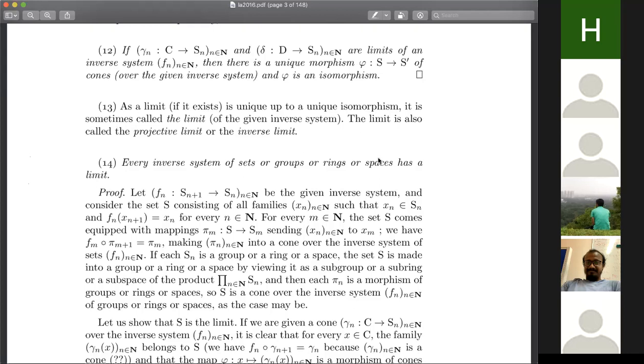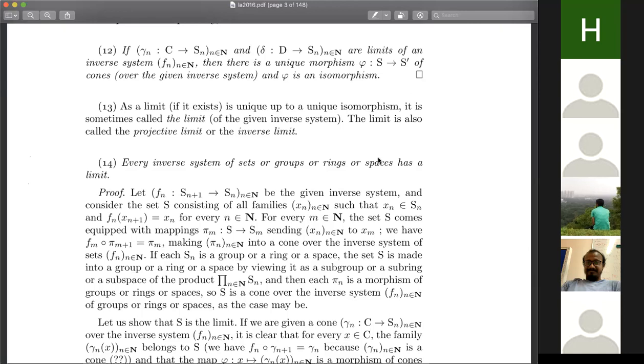So there's a unique morphism from x1 to any other object and from x2 to any other object. In particular, there's a unique morphism from x1 to x2 and a unique morphism from x2 to x1. So what is the composite x1 going to x2 and coming back to x1? That's a morphism from x1 to x1. But there's only one morphism from x1 to x1, namely the identity morphism.